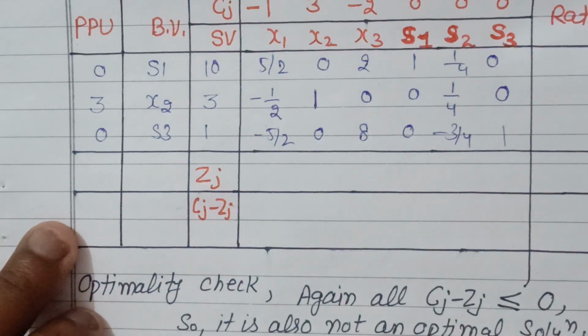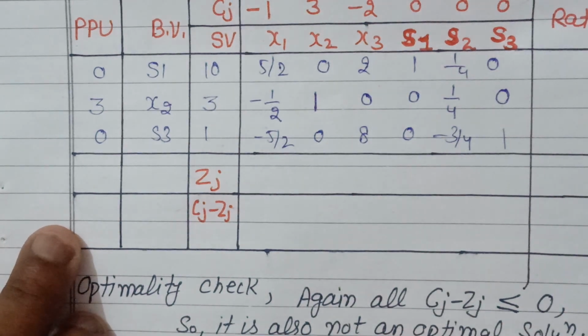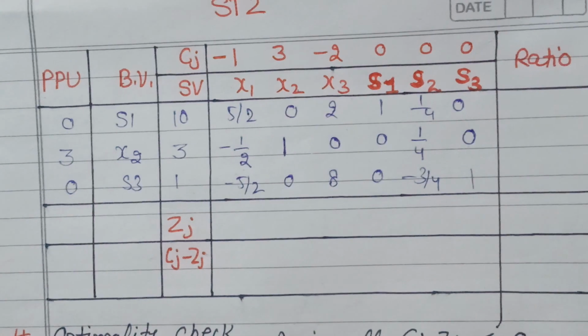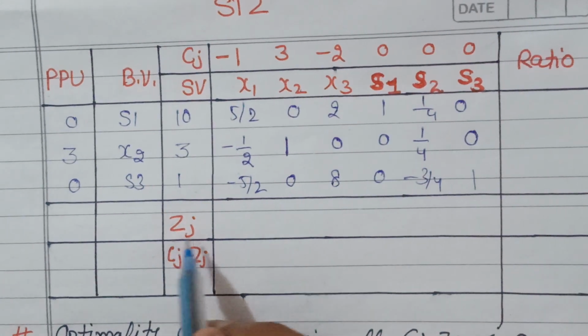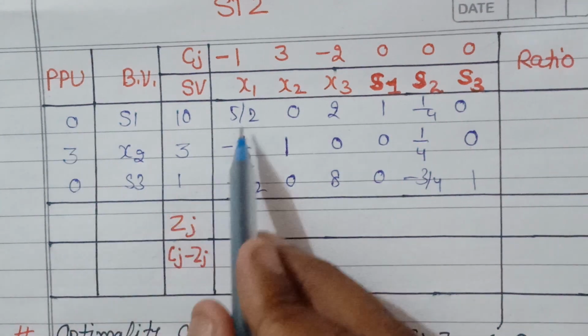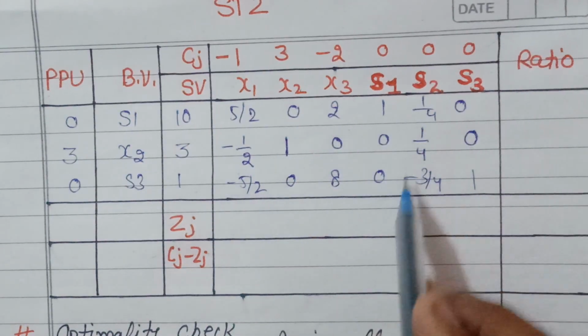Now we have to find the values of Zj and Cj minus Zj. Now you know that to find the value of Zj we have to multiply these values with the values of the corresponding columns.